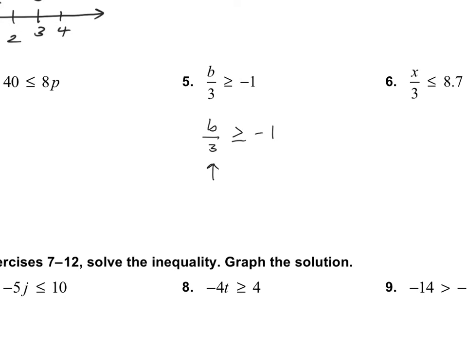We have a term on the left, and we're going to multiply it by 3. On the right, we're going to multiply by 3. Remember that the reason I'm multiplying by the 3 is to get rid of the denominator. So that's gone. The answer is going to be B is greater than or equal to -3.